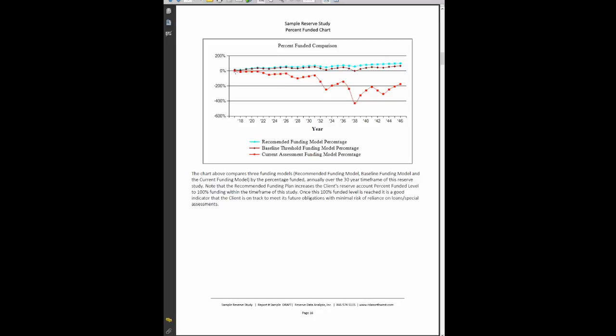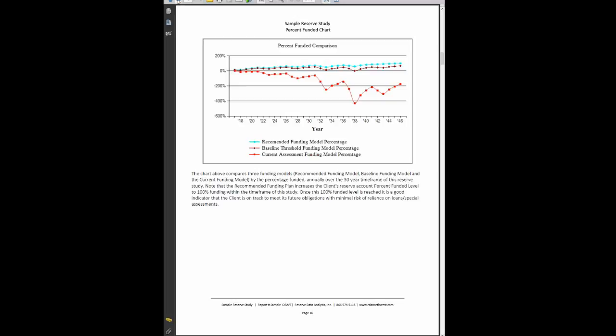And then the current funding projections. In this case, this community is in a very, very poor financial position, unfortunately. Even though you can't have a negative percent funded, technically that would be like having a negative cash balance, we like to show it in the charts just so it shows the deficit that the client will have to face in their reserve account.